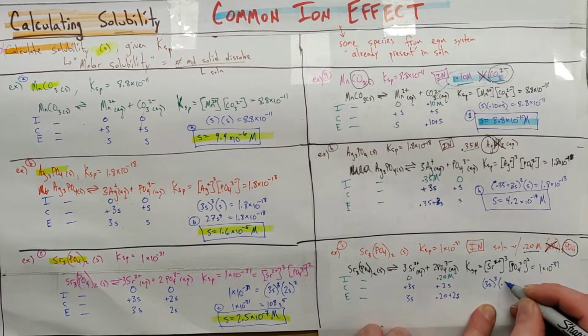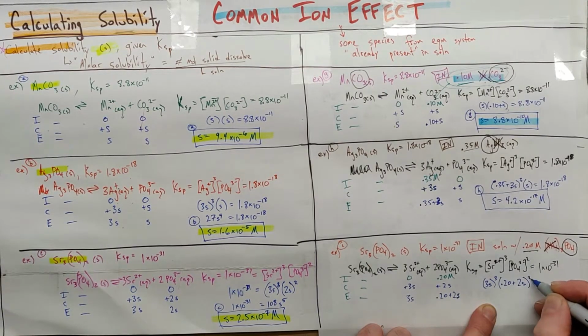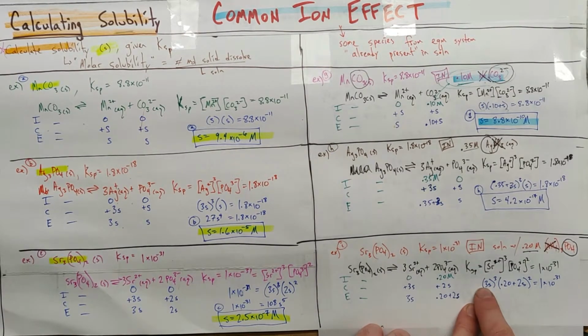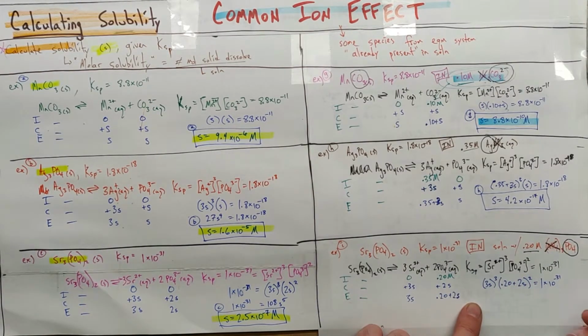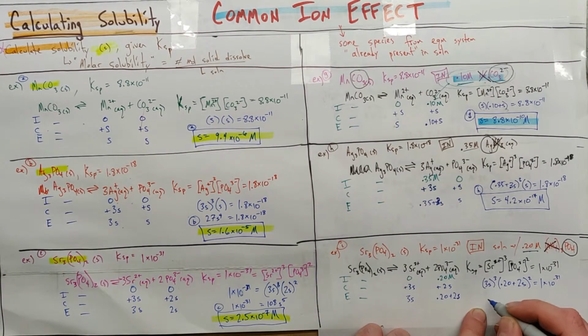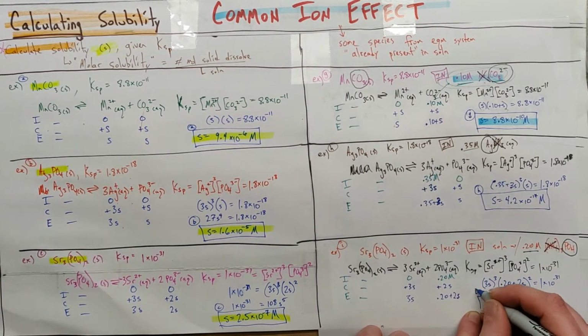But don't consider that unless it comes up. Once again, this could probably be simplified as 27s cubed times 0.2 squared, so 0.04, but we don't need to do that, right? Calculators can take care of business for us. We end up with a solubility here of 4.5 times 10 to the minus 11th molar.